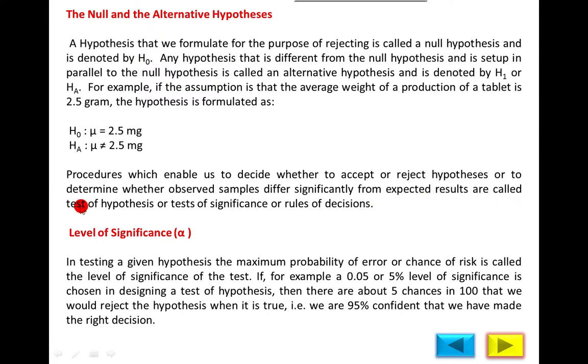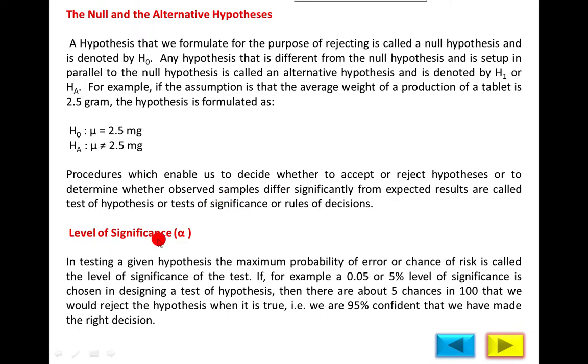This is called test of hypothesis, or test of significance, or rules of decisions. Level of significance will also be used in testing of hypothesis. This is the first and second step, null hypothesis and alternate hypothesis, in terms of definition. I will also explain in terms of mathematical notation.